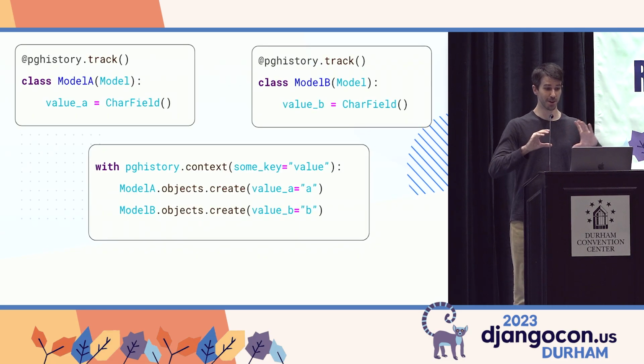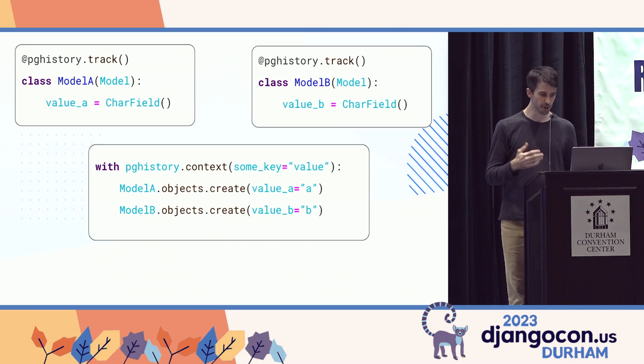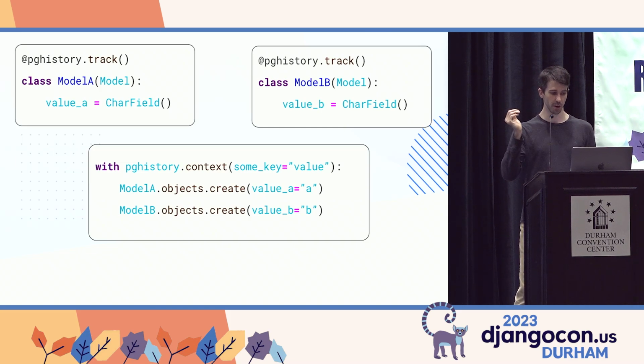So let's imagine we have two different models, model A and model B. We're tracking them both, and they have separate event models. In order to use context tracking with PG History, you go into the context manager and you add whatever key value pairs you want to associate with any events that happen within that context manager.